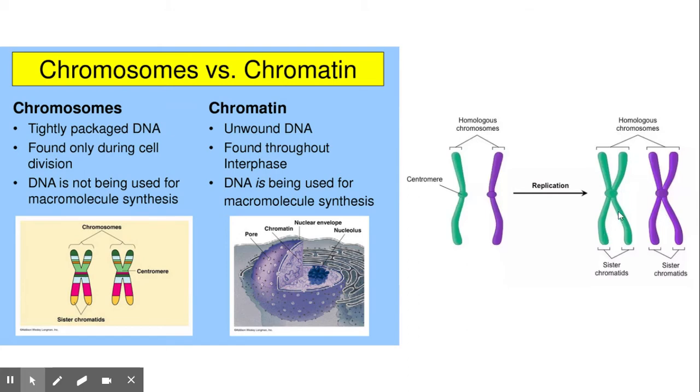Each copy is called a chromatid. Two sister chromatids together still produce a chromosome, and these two are a homologous chromosome pair, meaning they are sections of DNA with the genes that code for the same proteins, the same information, but one version we got from our biological mom and one from our biological father.